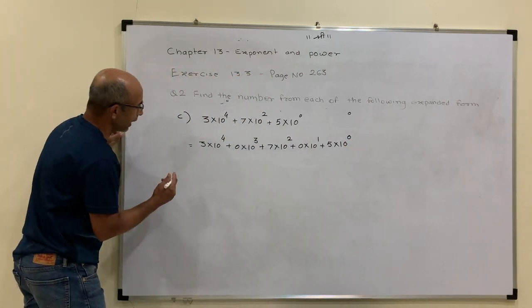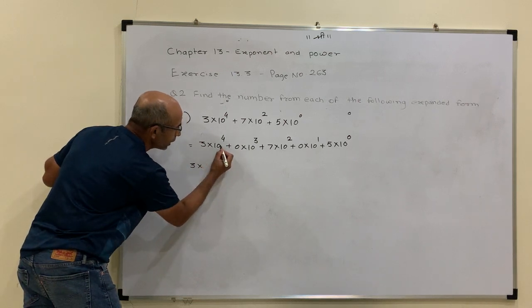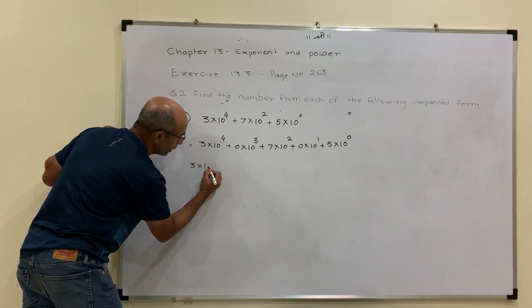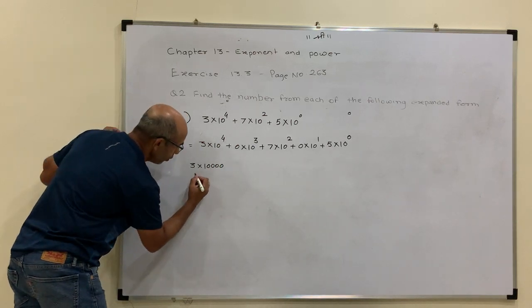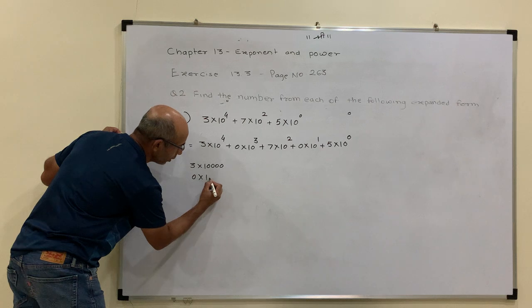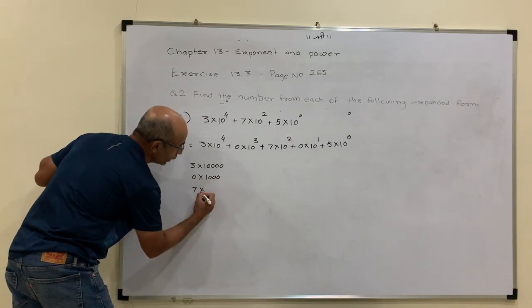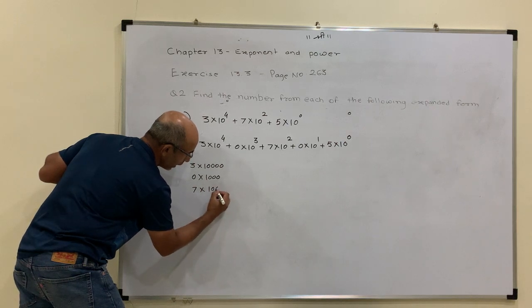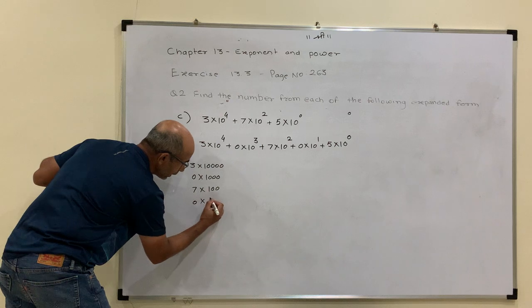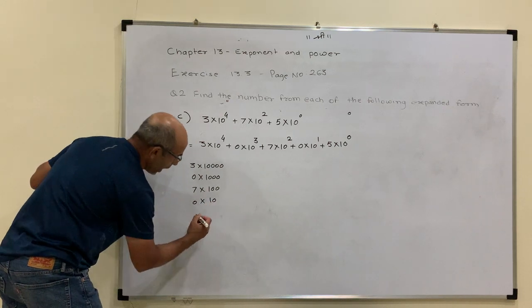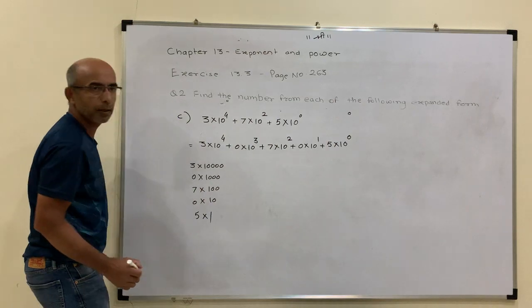So now I rewrite this in vertical form. 3 into 10 raised to 4 comes out to be 10,000. Then 0 into 1000, 10 raised to 3. Then 7 into 10 square is 100. Then 0 into 10. Then 5 into 10 raised to 0 comes out to be 1.